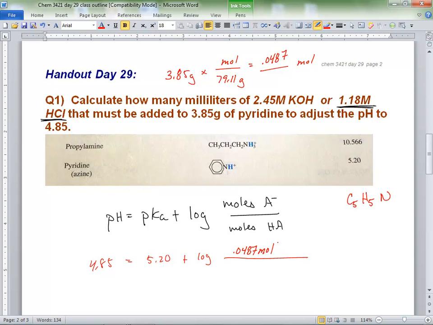It's minus X. This conjugate base is going to be reacting with it, so it has to be minus X. And initially there isn't any conjugate acid because it's pyridine. Pyridine is just the conjugate base. So initially there isn't any HA. So any HA that's there is formed, which is going to be X.